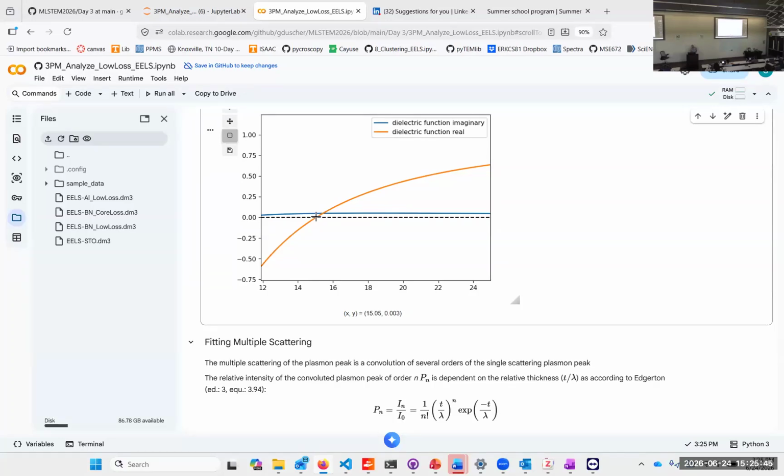So you have an eigenfrequency, and then you need to have the loss function very small so that the whole frequency is not damped. So this position in the dielectric function is really the eigenfrequency.